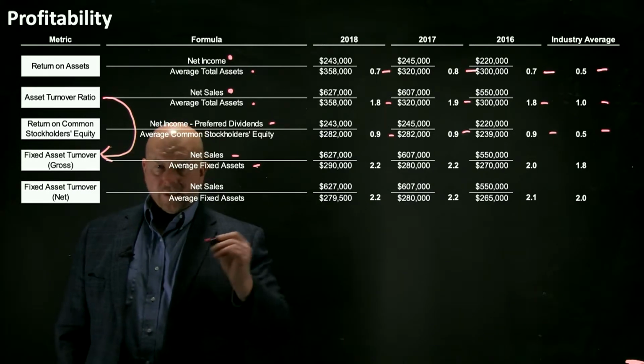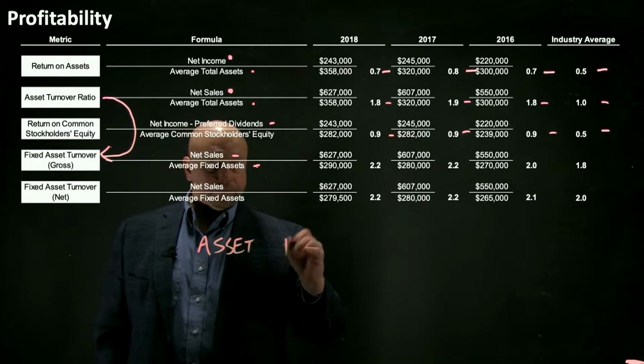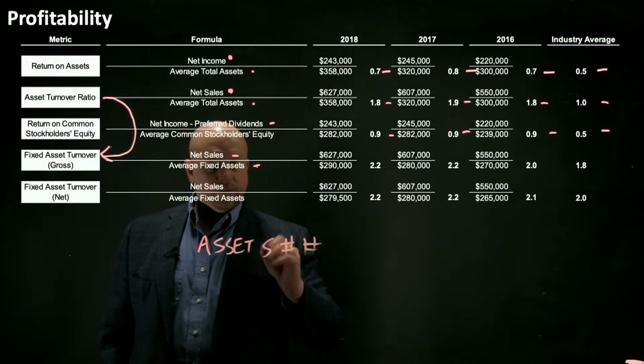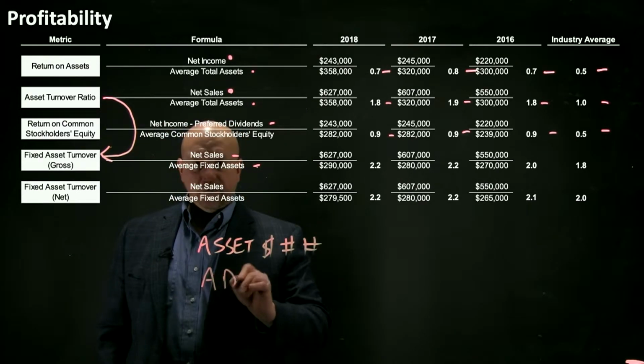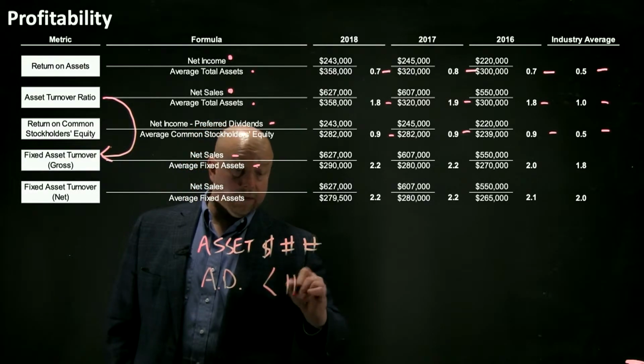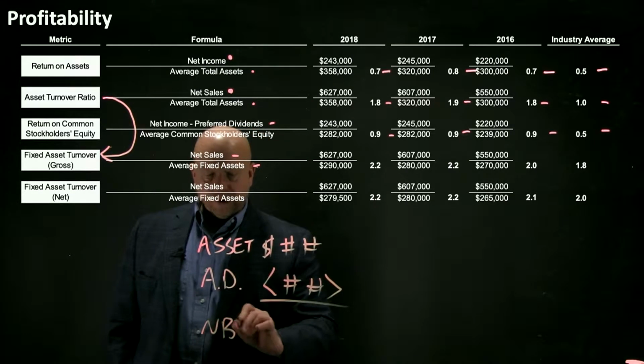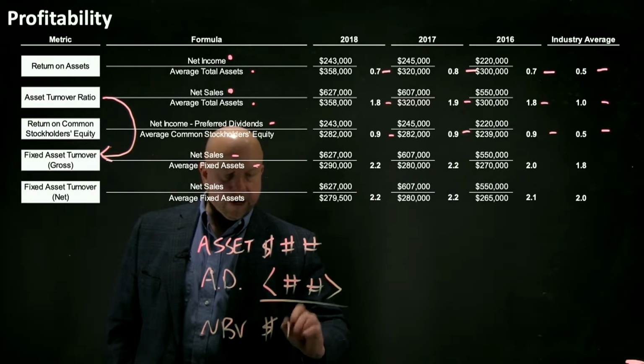Now, the fixed asset turnover ratio can be calculated net or gross. And what I mean by that is, you guys know that on the balance sheet, you've got the asset, which is going to be a certain value, but then we subtract accumulated depreciation, which is an offset, right? And that comes out to a net book value if we combine those two.